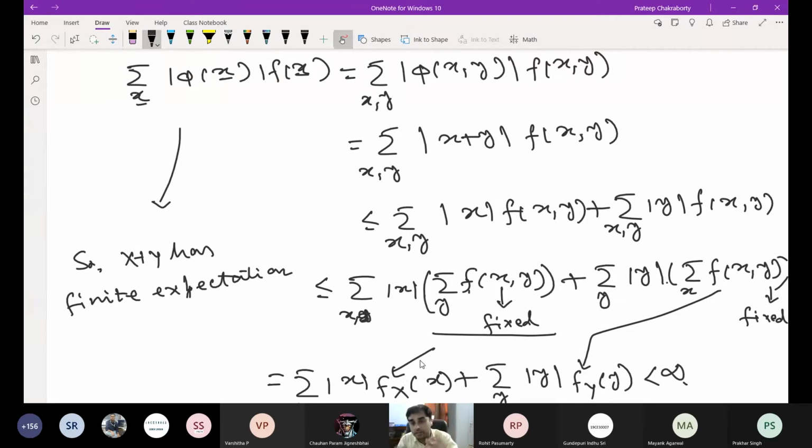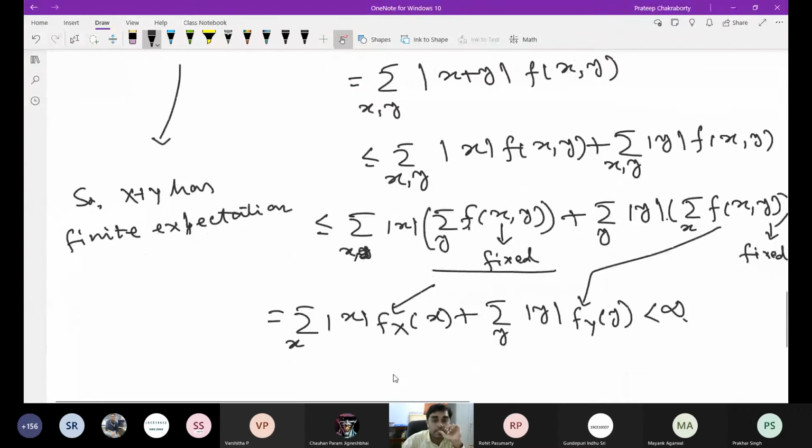The joint density function, if you fix one coordinate and take the summation, you will get this density function. Is this clear to you, or do you have any questions? Then you can ask.